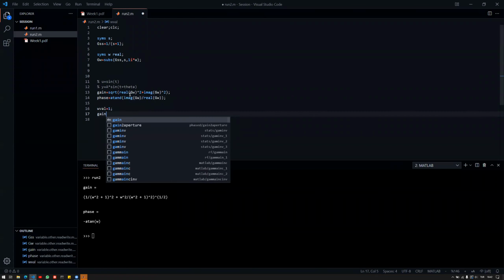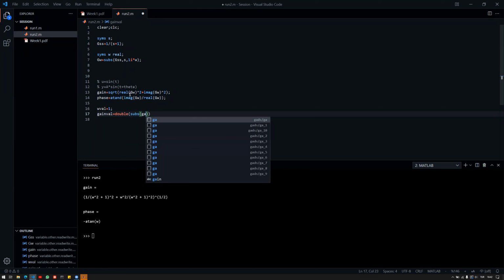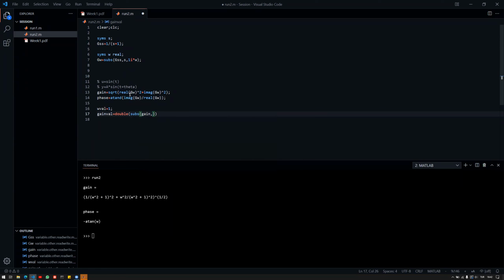So let's say gain val is equal to double subs. I'm converting into double because I'm going to plug in all the unknowns. So into the gain, instead of using omega, use omega val. So I'm going to do the same here for the phase value. Instead of gain, we will use phase.